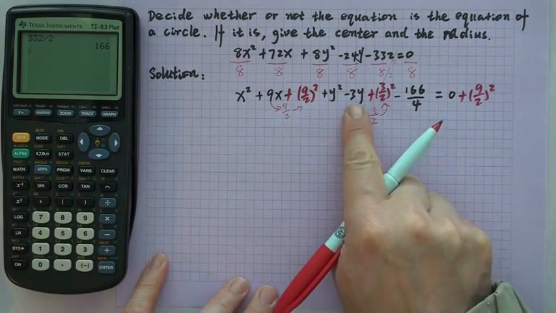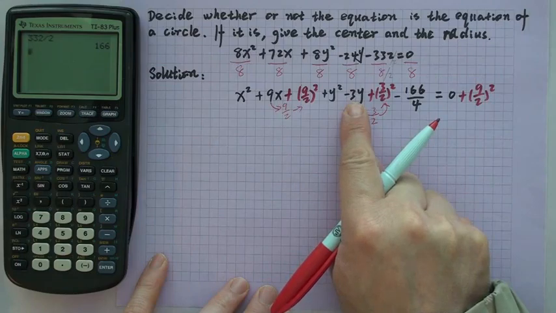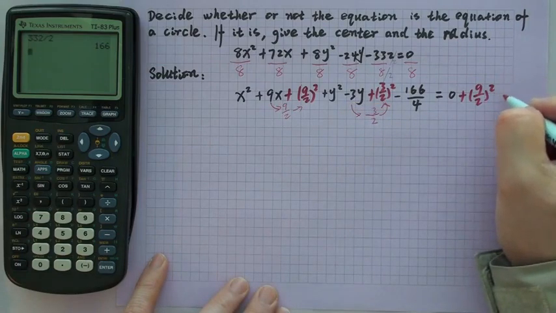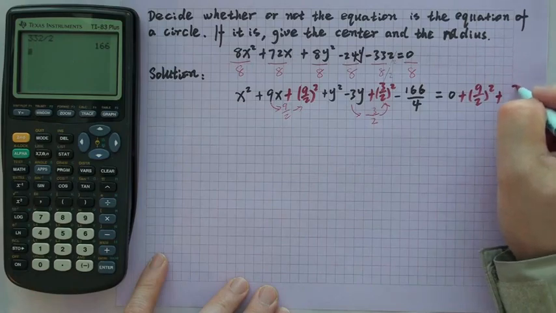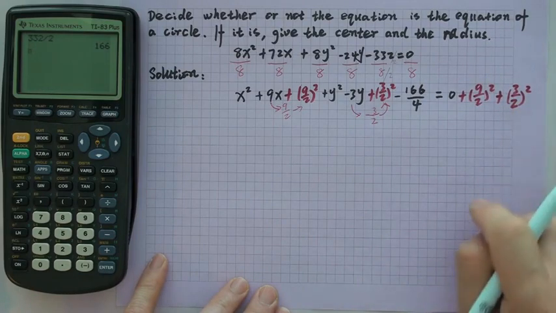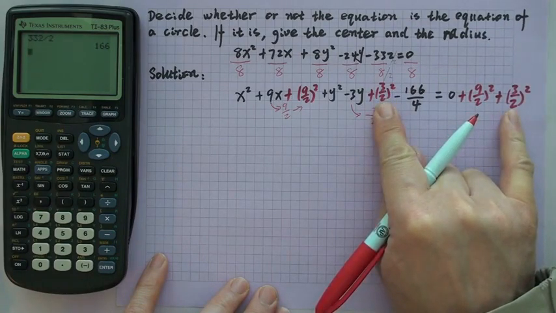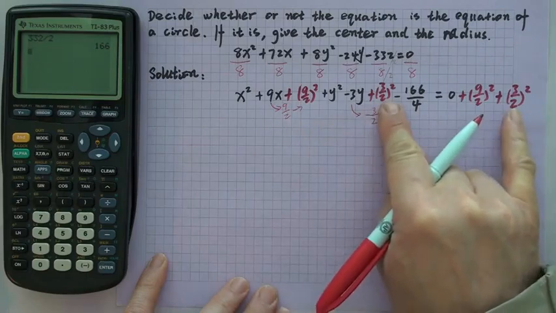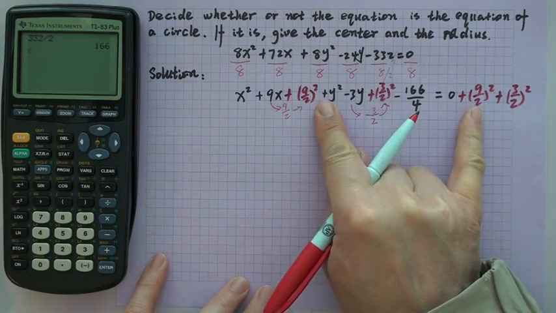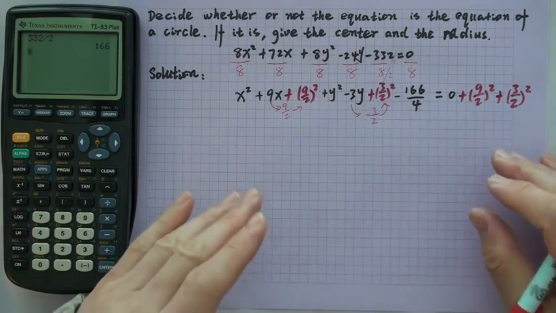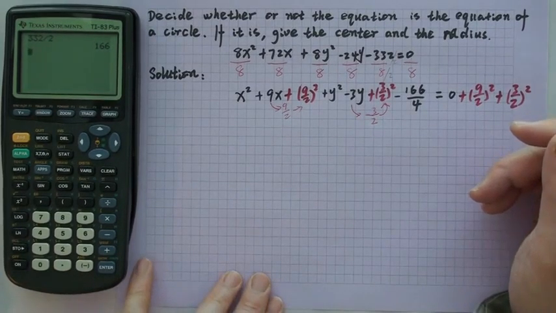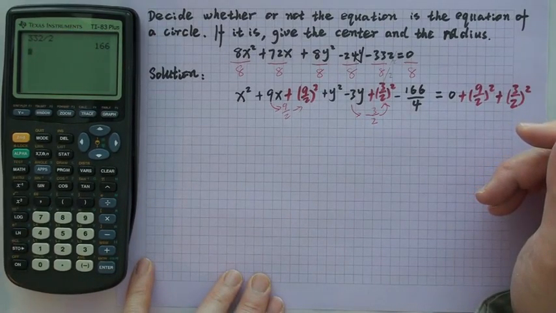Always choose half of the coefficient of y, square it. Again, don't forget to add another one on the right. In this way, you add the same number on the two sides and still keep the equation balanced.